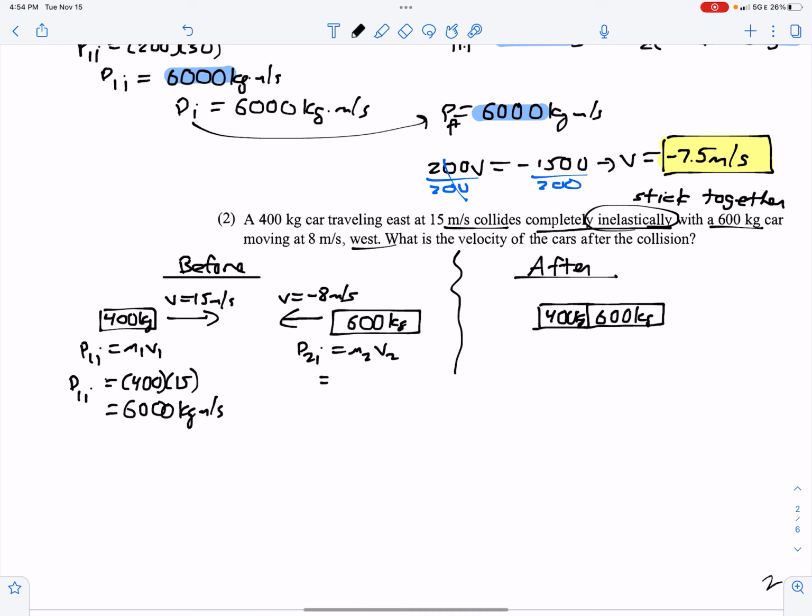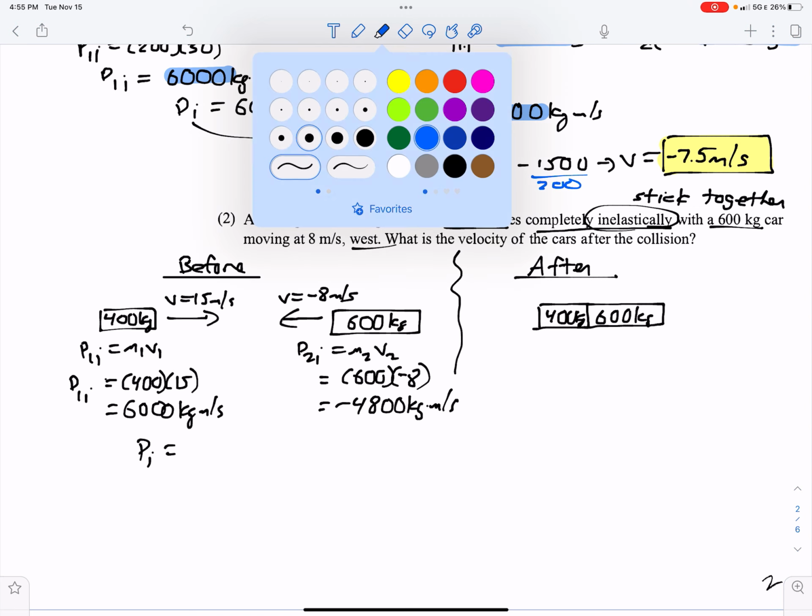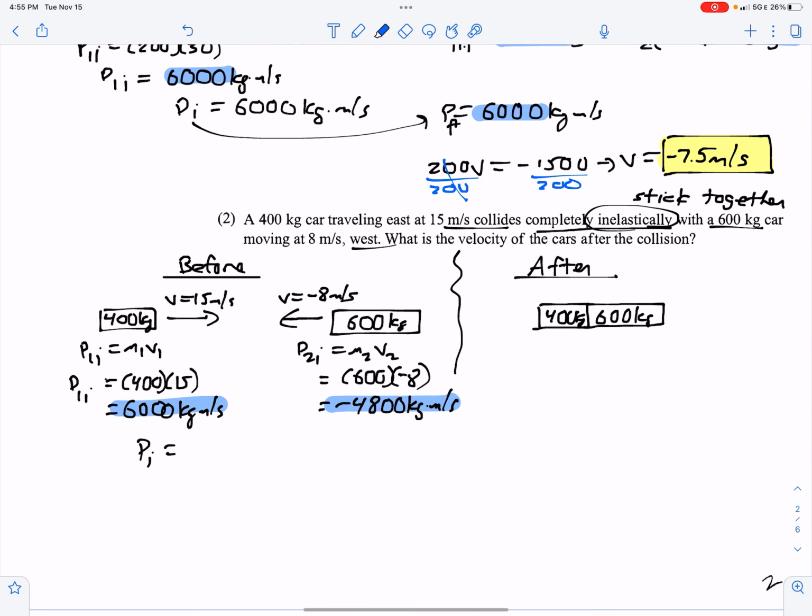Whereas P2 initial is going to be 600 times negative 8, which is negative 4,800 kilograms meters per second. So the total P initial is the sum of those two. Add them up. That's the total. The total would be 1,200.